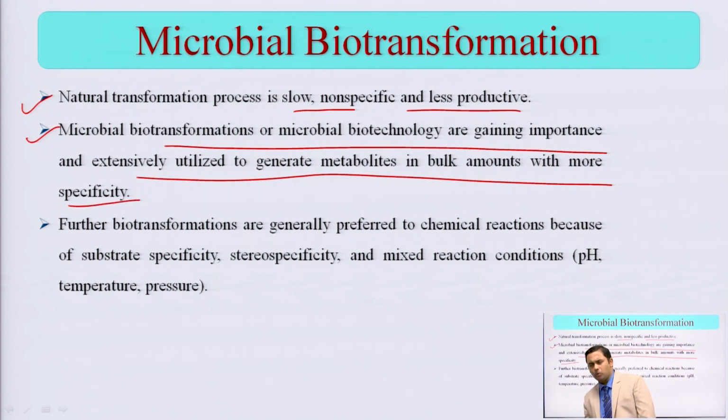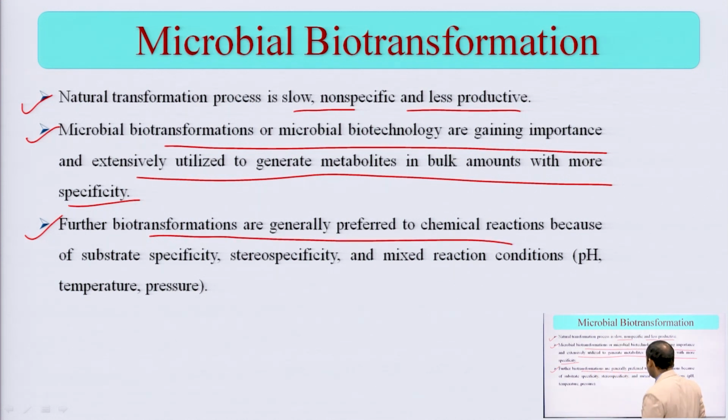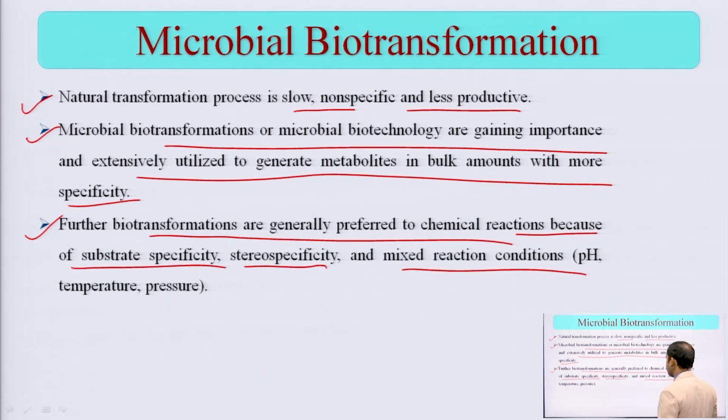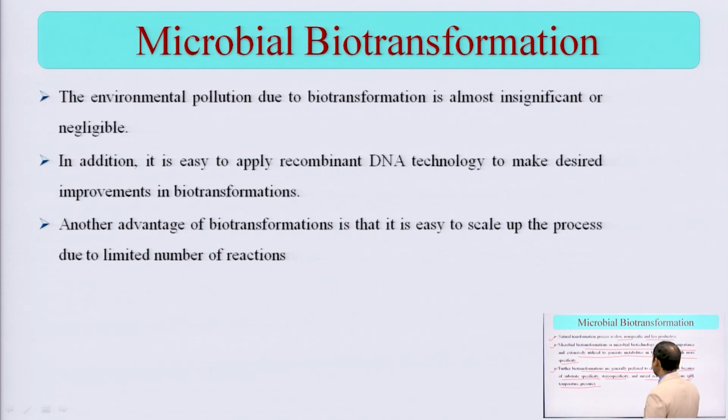For example, alcohol and wine: how are we producing wine? Obviously, using microorganisms. Further, biotransformations are generally preferred to chemical reactions because of substrate specificity, stereospecificity and mild reaction conditions, for example temperature, pH, pressure, etc. In such cases, we prefer biotransformation.